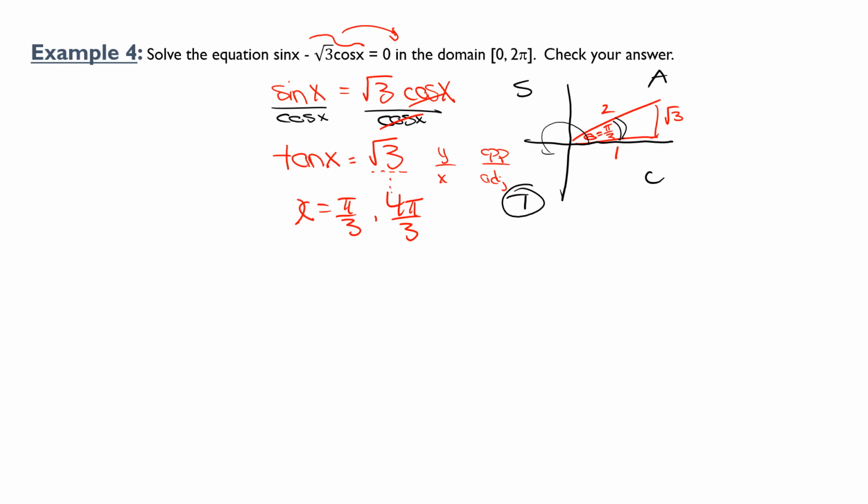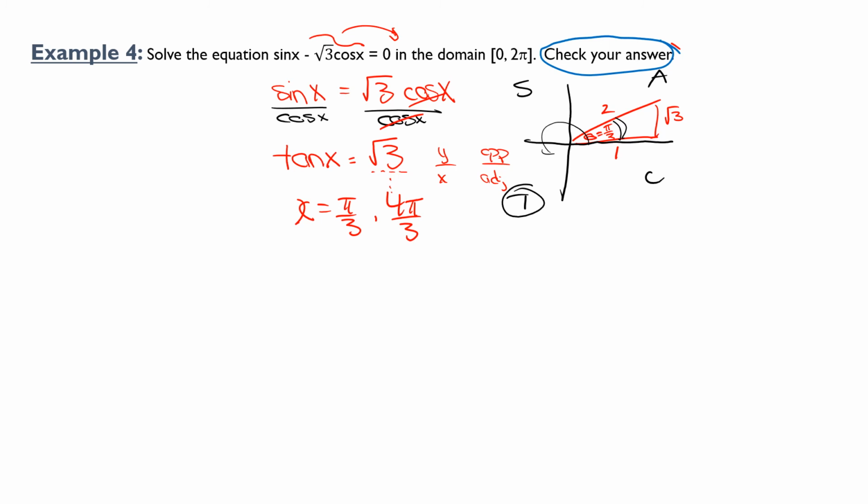That looks great. We also had an extra instruction here: check your answer. How do we do that? This is the great thing about solving equations. If the question didn't tell you to check your answer, you wouldn't have to, but this one does, so we have to, and it's always good to do.